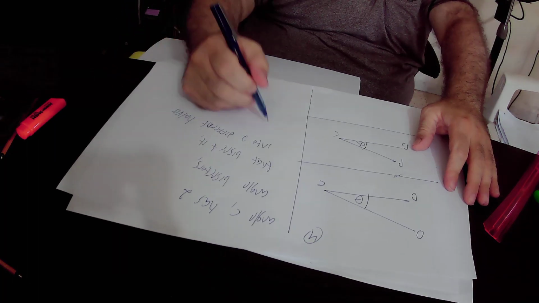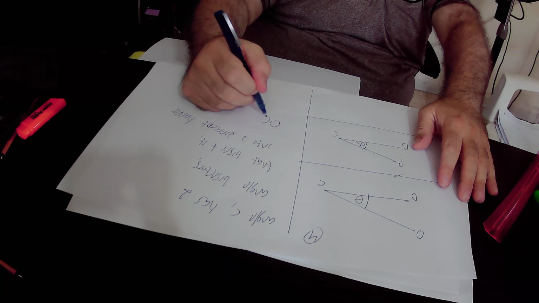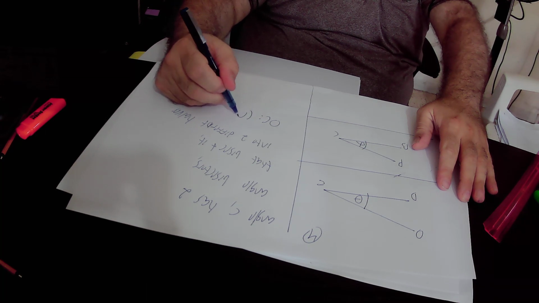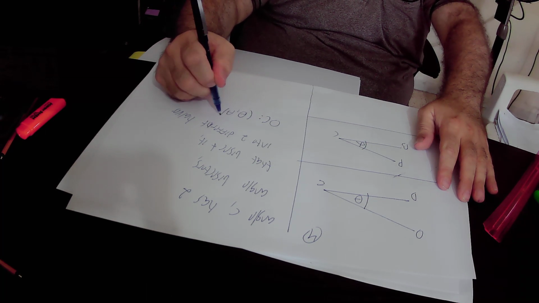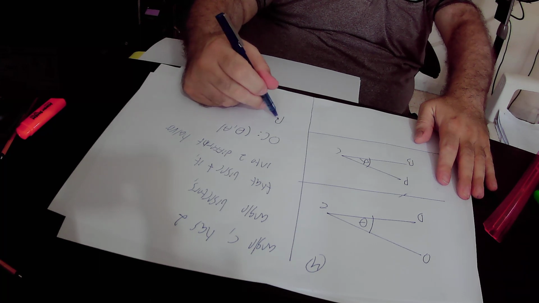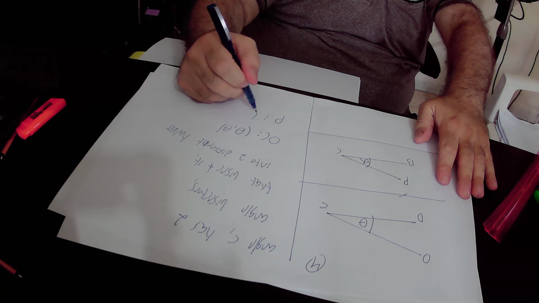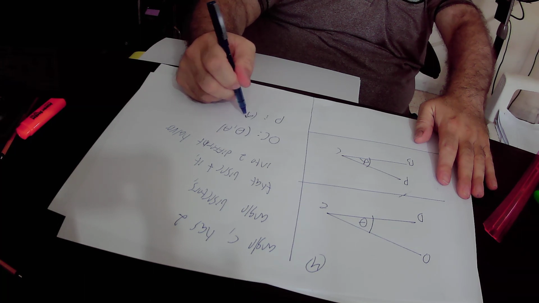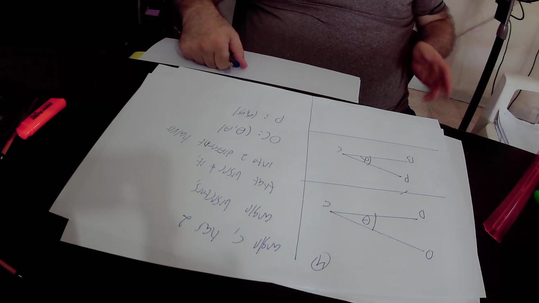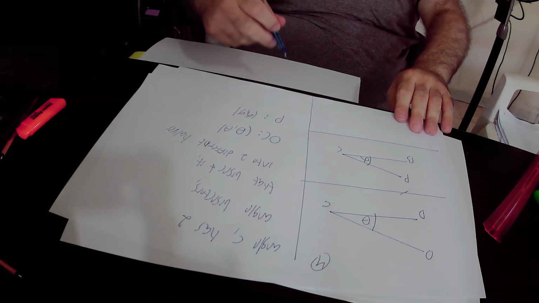The angle bisector OC bisects angle C into two halves, that is theta and theta, while angle bisector PC bisects angle C into two halves that are alpha and alpha. But it is not possible. Why?